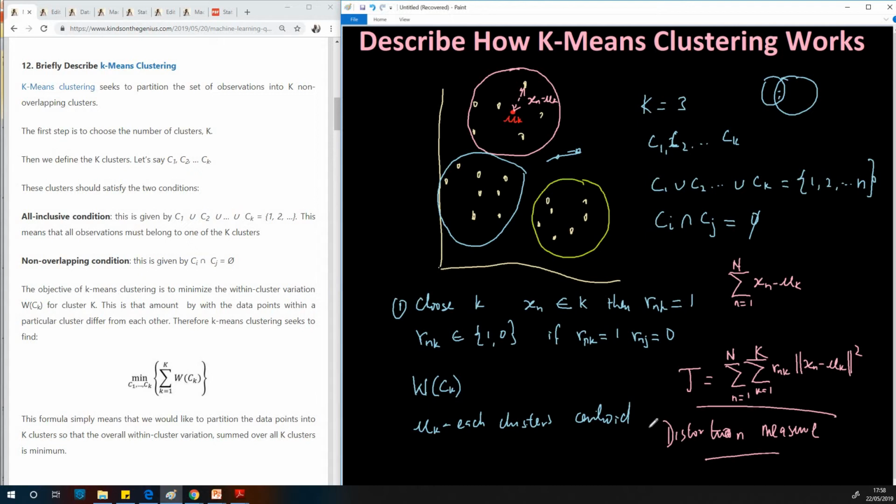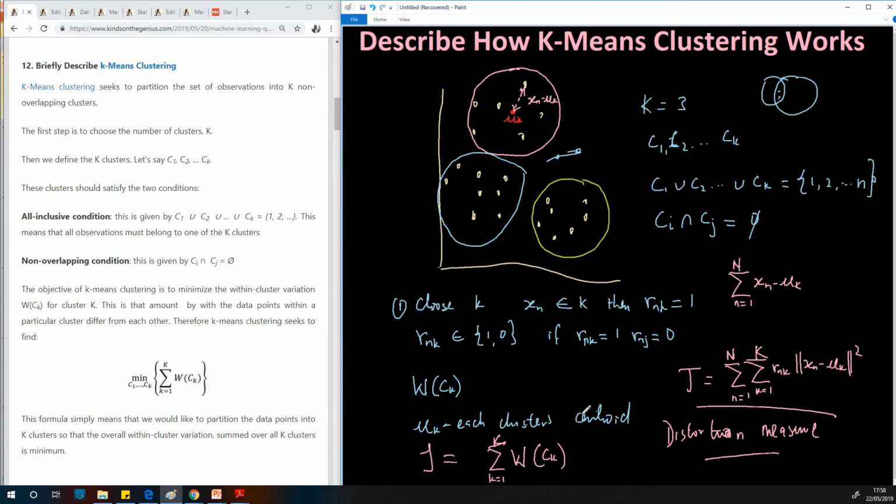If you can't remember how to write this function, then remember how to write this one, which is simpler. We are simply trying to minimize the within-cluster distance given by WCk for all the clusters, k equal to 1 to K. So it's about the same thing. Either of the two you can remember and be able to write, and you'll be able to explain clearly what k-means clustering is all about.